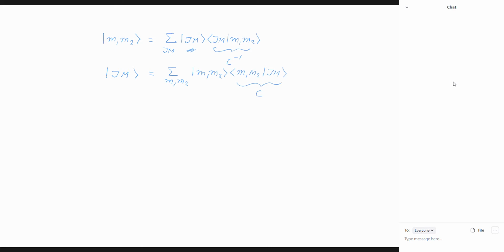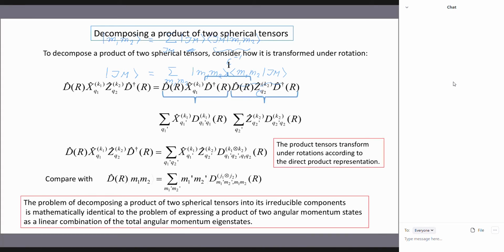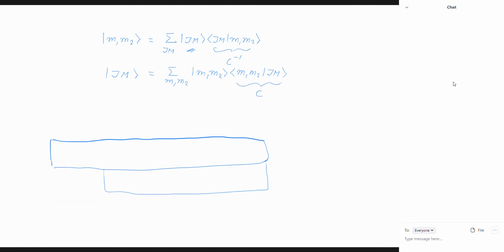Then we look back at what we have here and compare with this one. We can immediately deduce that the corresponding quantity for the tensor operators would be this one here.